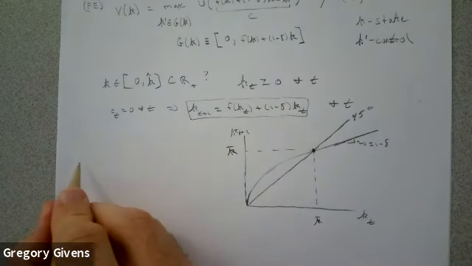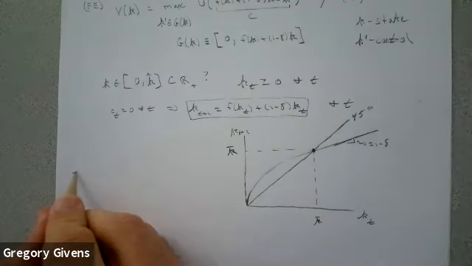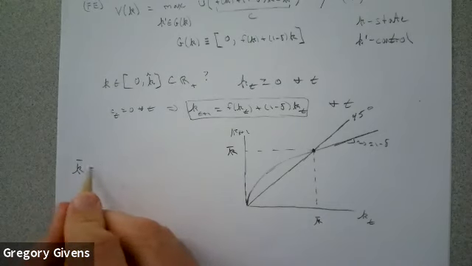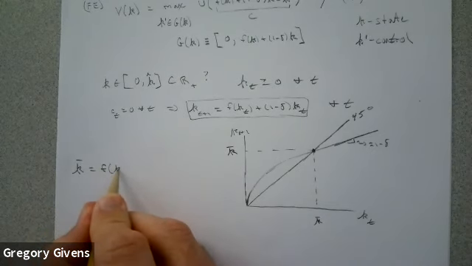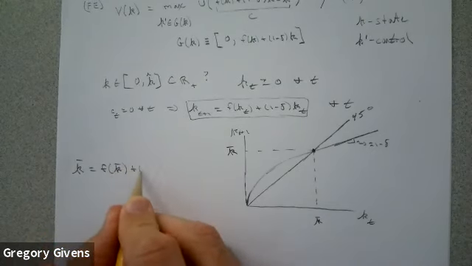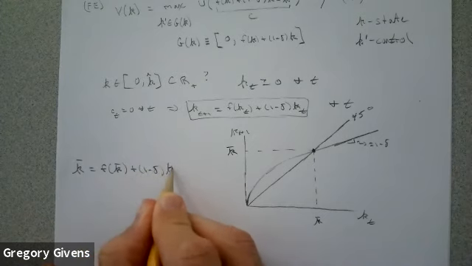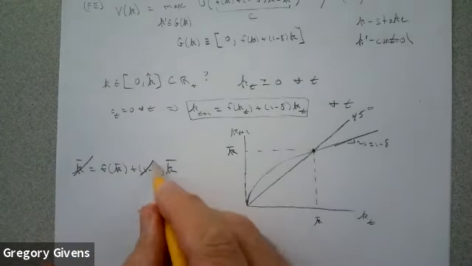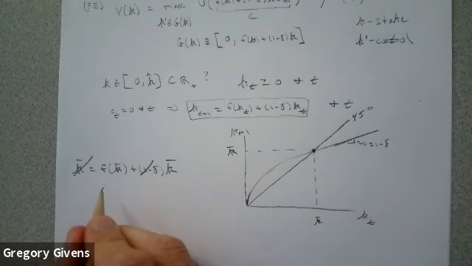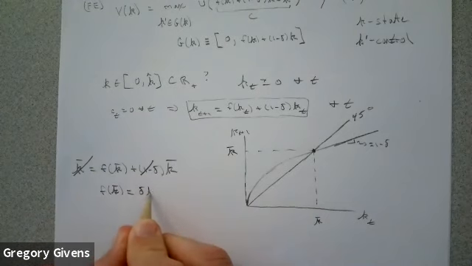In other words, K bar can be characterized as K bar is equal to F of K bar plus 1 minus delta K bar. Cancel, cancel, and F of K bar is equal to delta K bar.